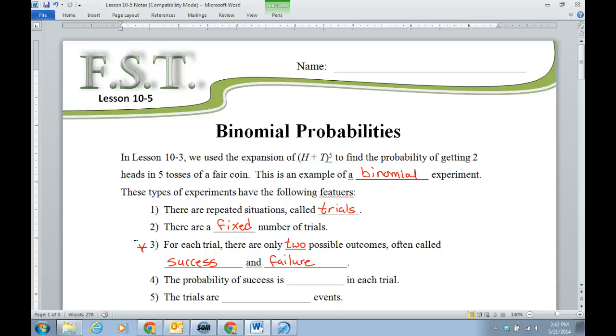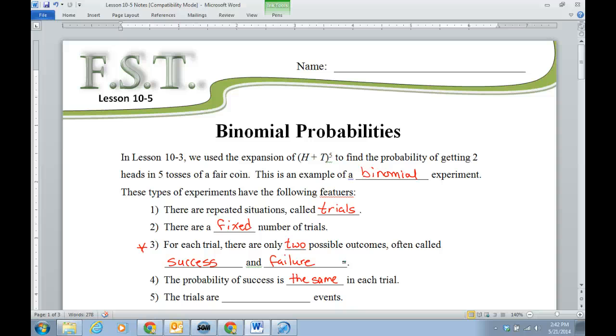The probability of success is the same in each trial. For instance, flipping a coin. If I say heads is a success, what's the probability of flipping a heads? 0.5, okay? So if it's 0.5 on the first trial and I flip it again, does it change the probability of landing on a heads?